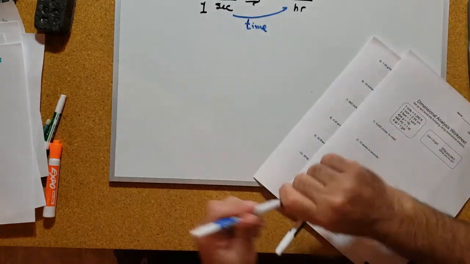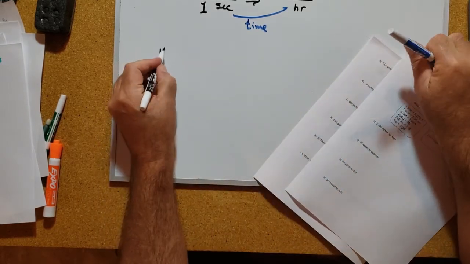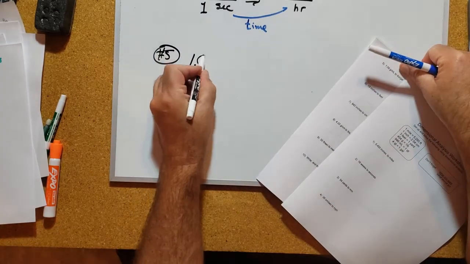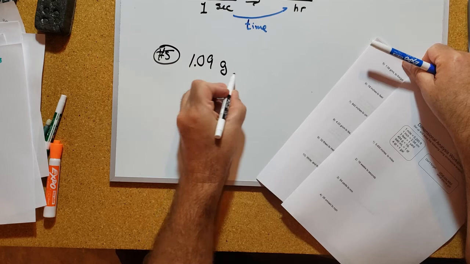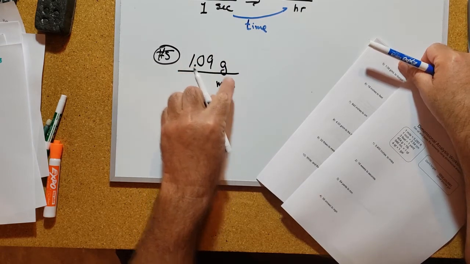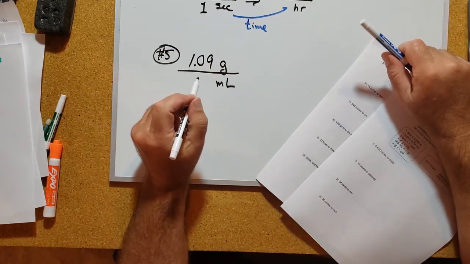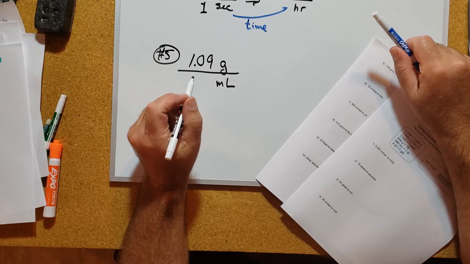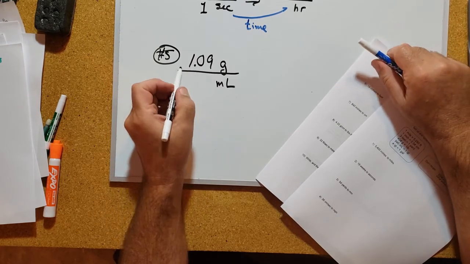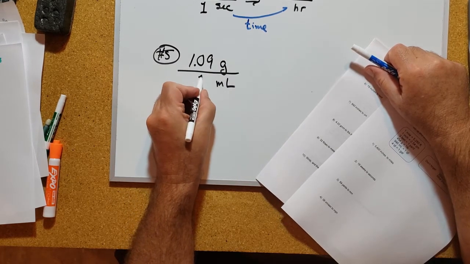Similarly, in number 5, you have multiple units. Right? In number 5, you have 1.09 grams per milliliter. This is mass over volume. This is a density number. Maybe the density of, I don't know, let's say a certain type of wood has a density of 1.09 grams per every 1 milliliter.